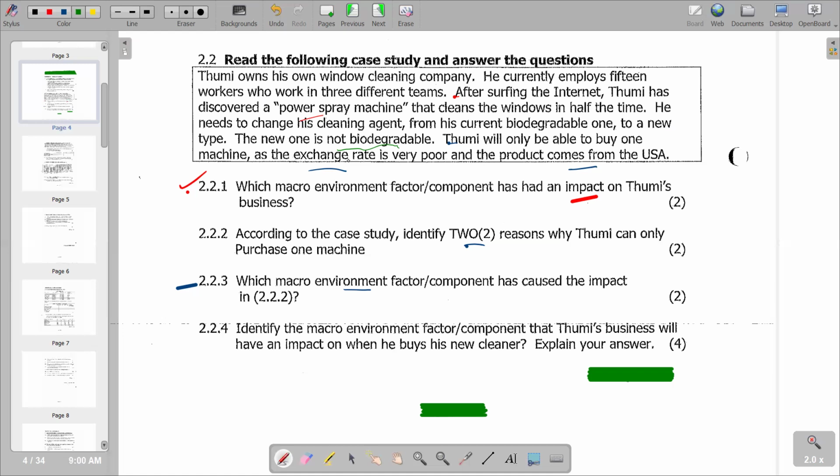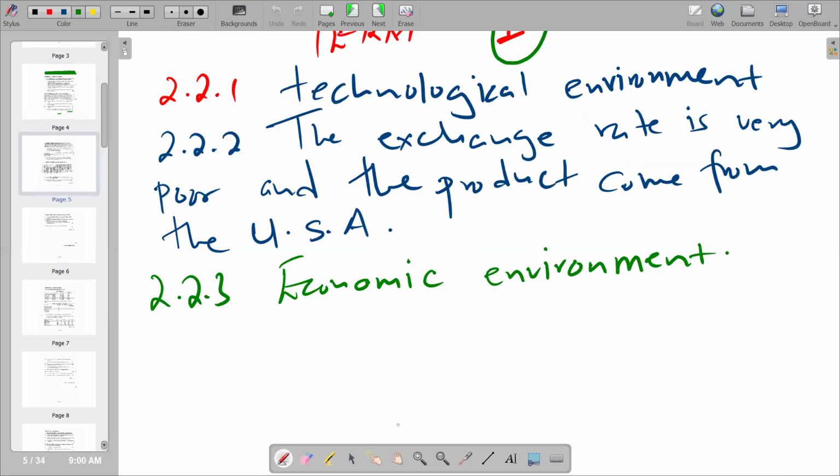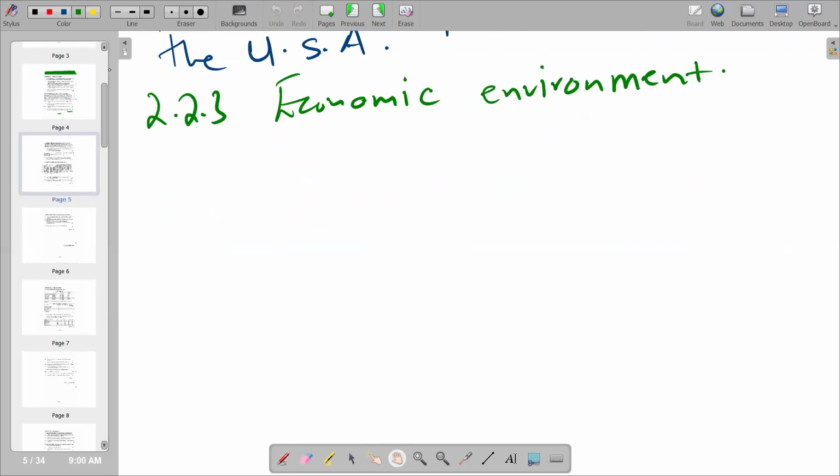Since we are saying the new one is not biodegradable, it also means it's going to affect the environment in terms of pollution. So the physical environment is the one that is being affected. So we can just state, for 2.2.4, the response that we have is physical environment.